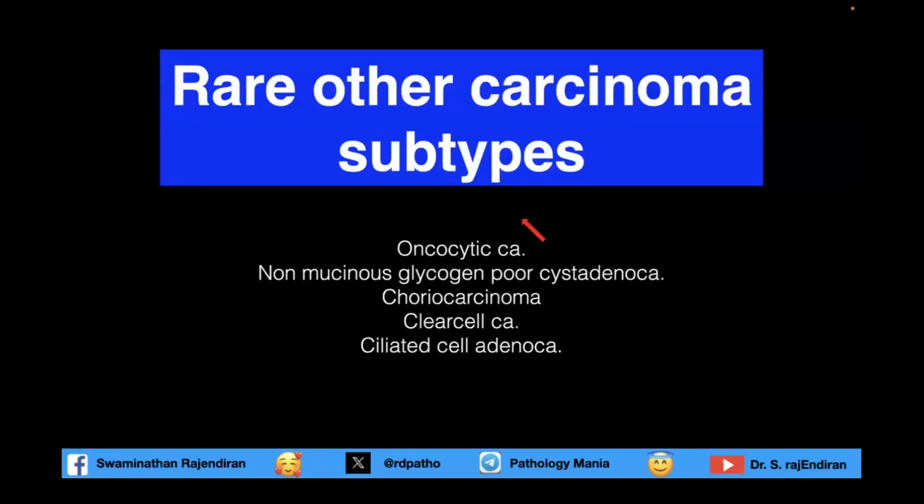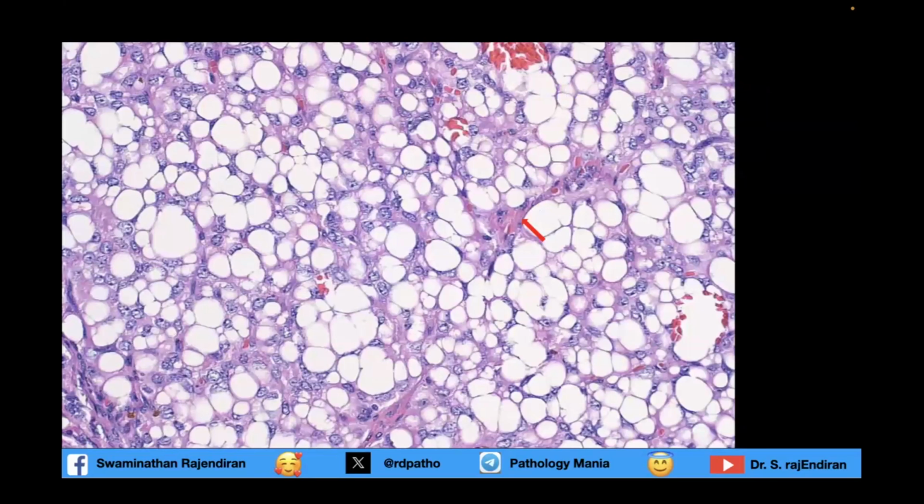metastasis. The other rare types of carcinomas are oncocytic carcinoma, non-mucinous glycogen poor cystadenocarcinoma, choriocarcinoma, clear cell carcinoma, and ciliated cell adenocarcinoma. This is the clear cells, and whenever you see clear cell, you have to differentiate metastatic renal cell carcinoma.